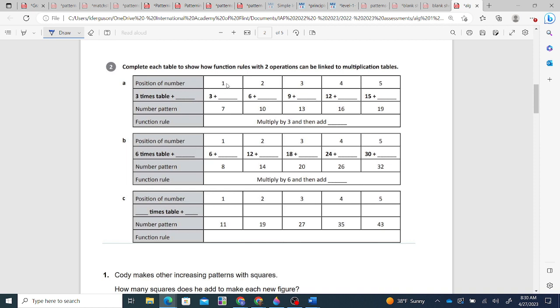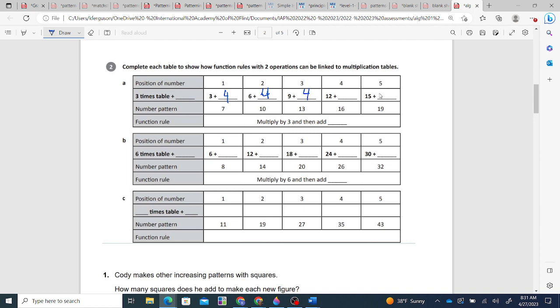So I start with 1. I got 3 times 1 plus blank gives me 7. 4. I have 3 times 2 gives me 6 plus blank gives me 10. 4. 3 times 3 is 9 plus blank gives me 13.